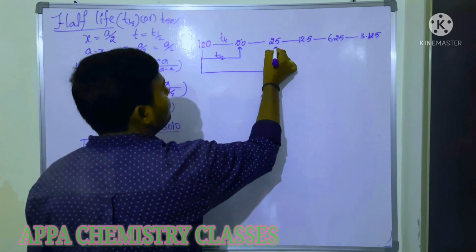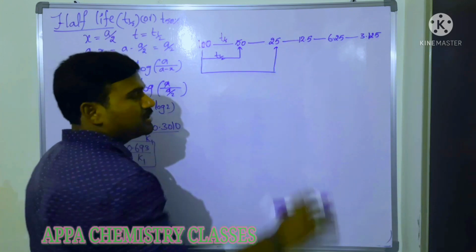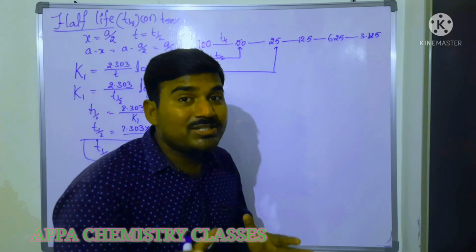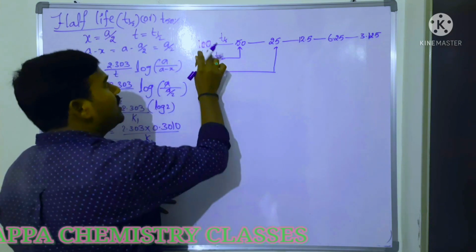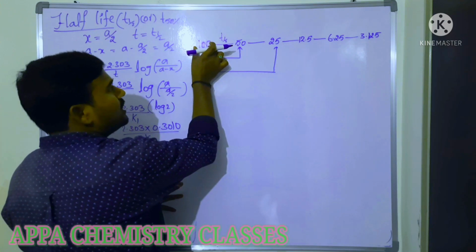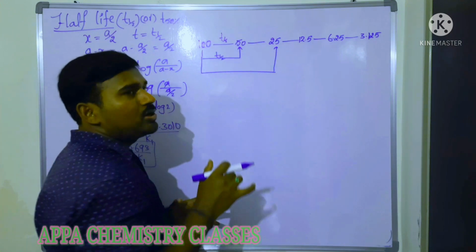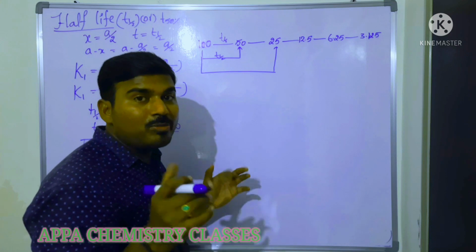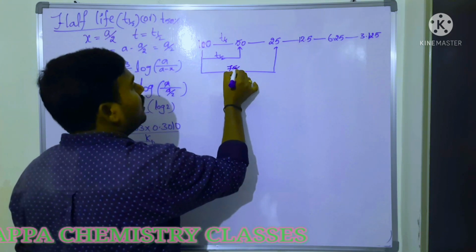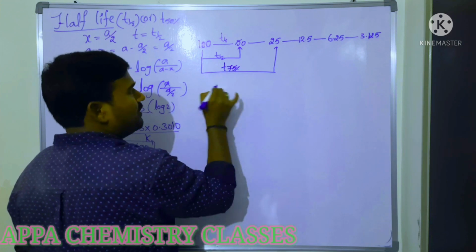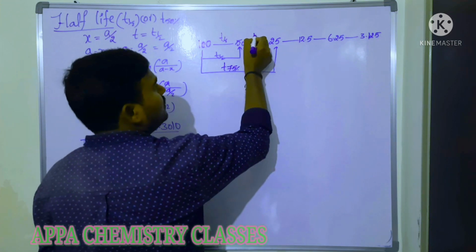Initial concentration is 100, final concentration is 25, which means 75% of the reactant is consumed. So the time required to consume 75% will be what?